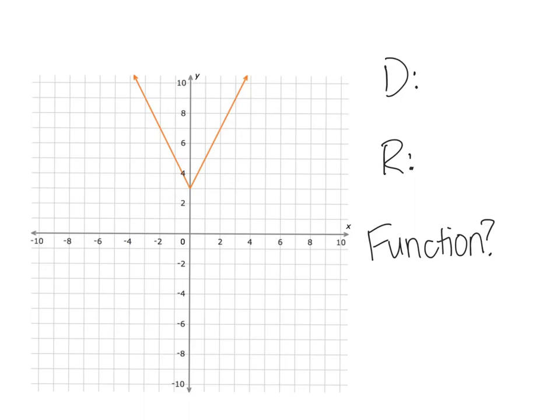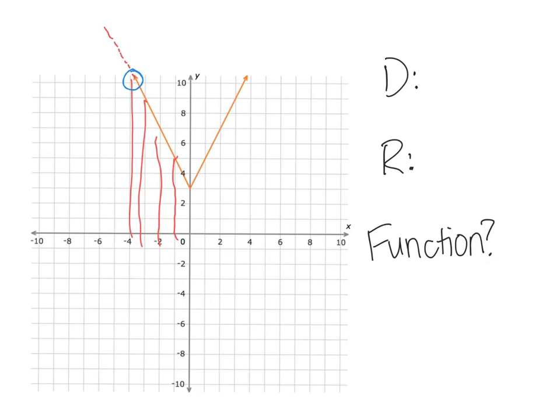So we need to take a look at our graph and see what are some of the x values we have. So like at this point, x is -1, -2, -3, -4. It just keeps getting smaller and smaller as we move along the graph. Our x values get smaller. And then you'll notice this graph also has an arrow, which means that really this is going to continue on and on and on forever and ever.